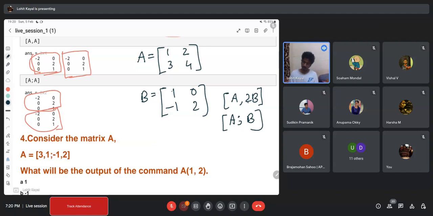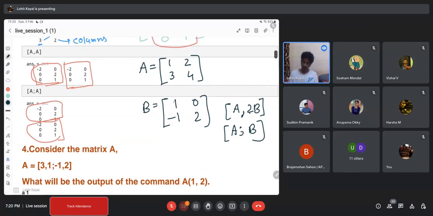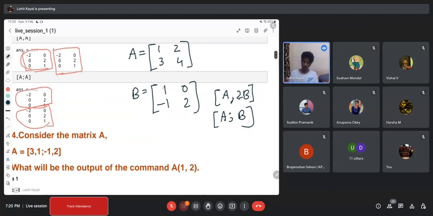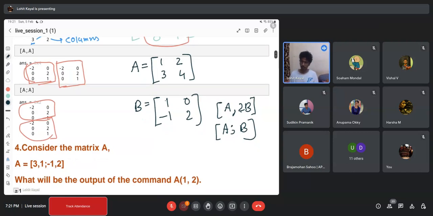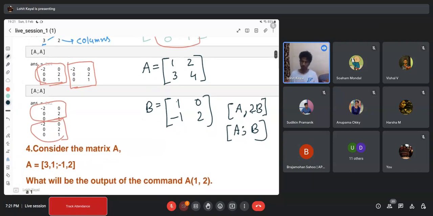It is multiplied by 2, but you can multiply with anything. Take 2-3 minutes and tell me, and then I will show you the results. If you don't have access to MATLAB right now, just write to NPTEL. They will provide you the access, and you can try it then in MATLAB. It will look exactly the same. Just take 2-3 minutes and try it.